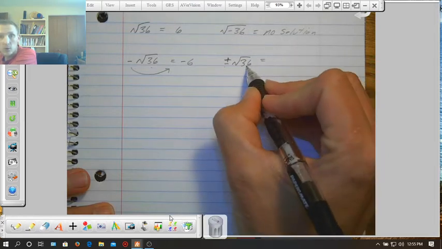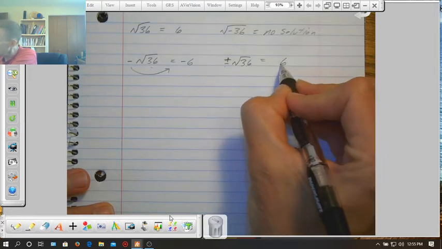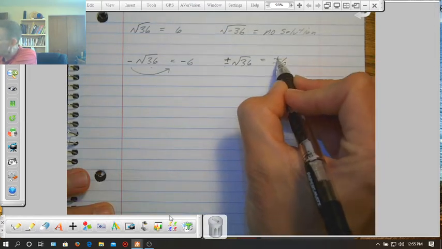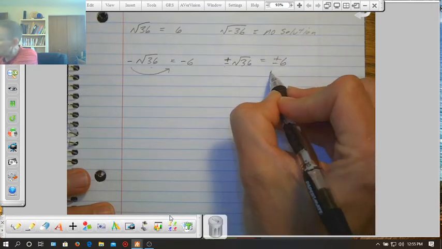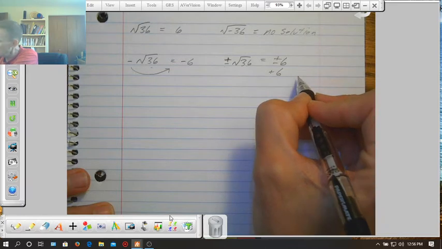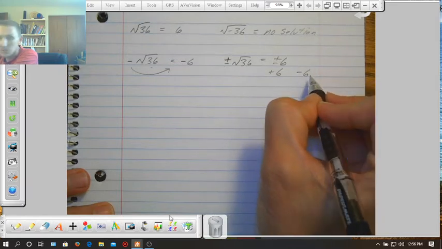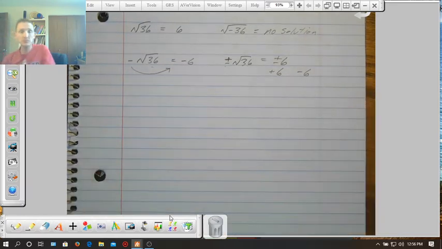So the square root of 36 is 6, and that plus or minus symbol goes in front. All that simply means is that there is a positive 6 and there is a negative 6 as an answer. Now this is going to be something that comes into play because equations that have x squared are going to create two answers, and we'll talk about that in a moment.